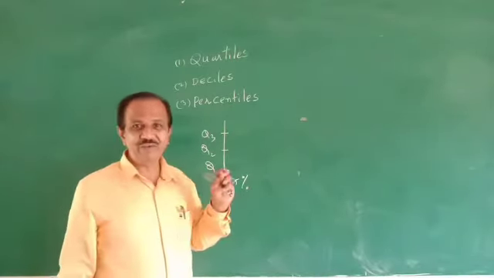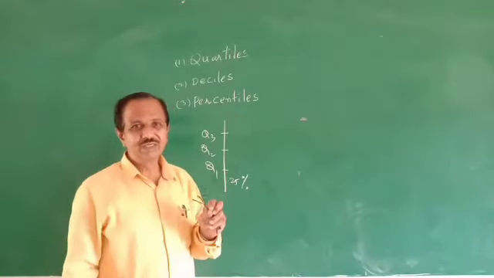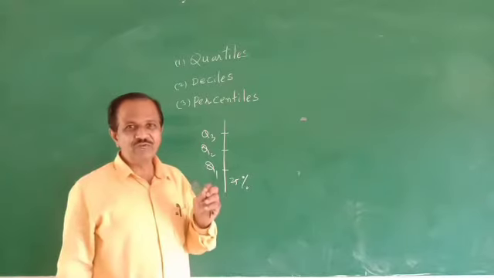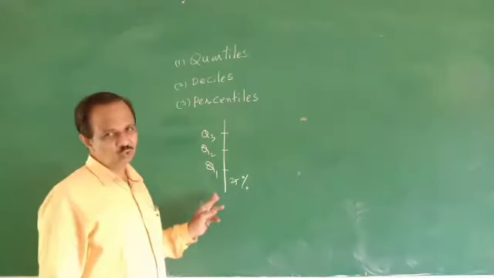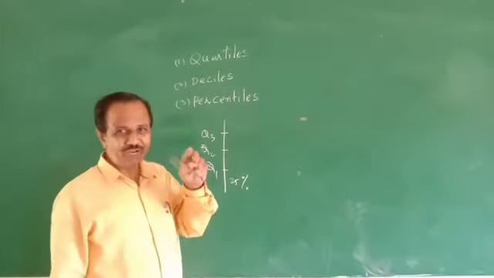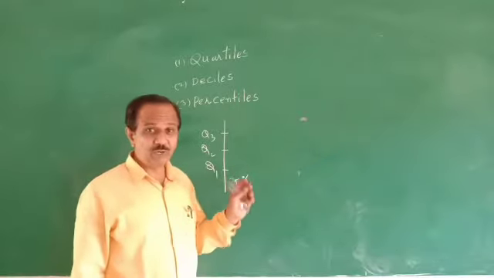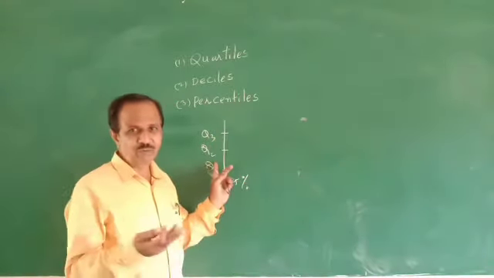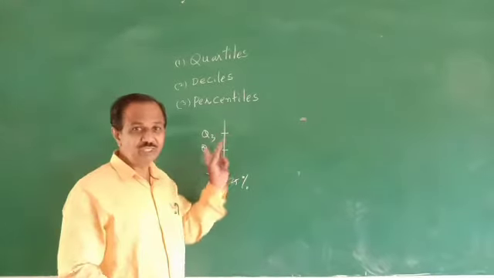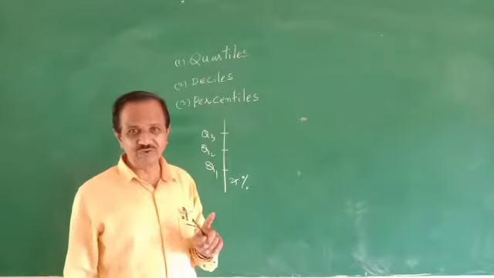So we can pick the number among the given data for which 25% observations are below it, then that is known as Q1. If 75% observations are below it, that is called Q3. And Q2, of course, 50% below, 50% above. These values can be obtained from the OQs, that is the advantage of OQ.